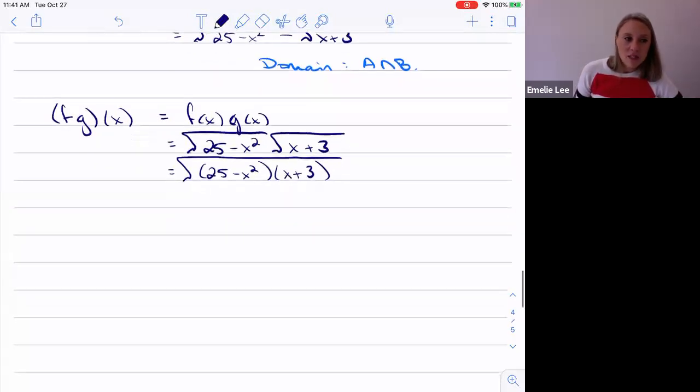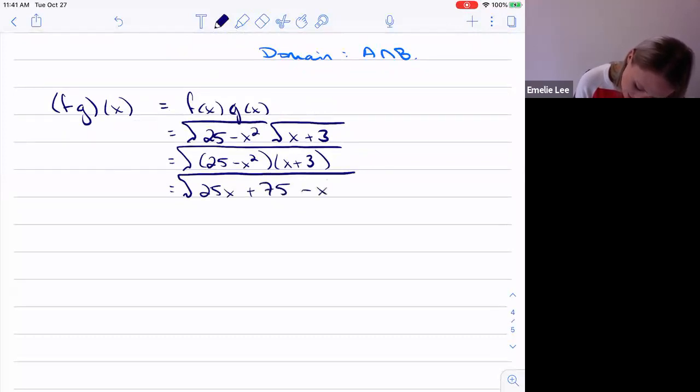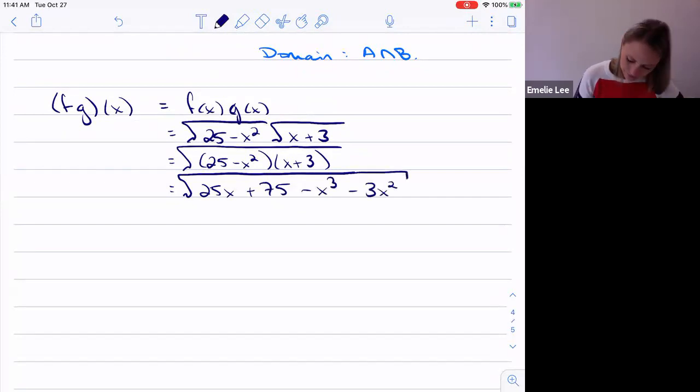We can expand this if we want to. Let's do it. Let's see if we can get anything here. Square root of 25x plus 75 minus x to the 3 minus 3x squared. Again, there's nothing I can simplify, but I can rewrite this with my highest power of x first and then decreasing powers of x. So I'm going to do that.